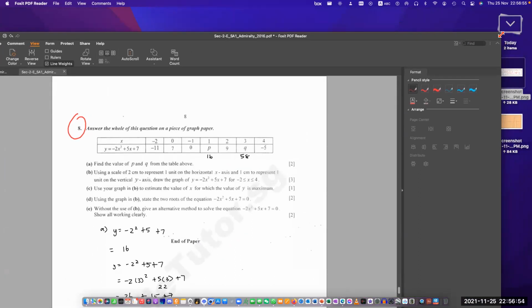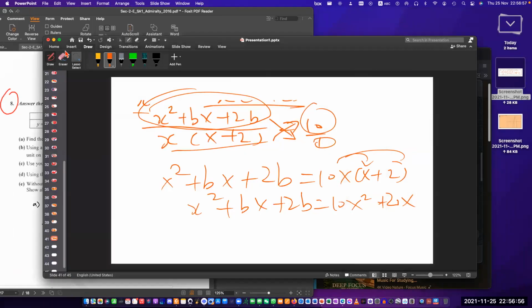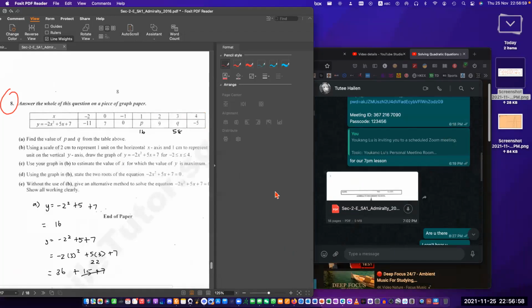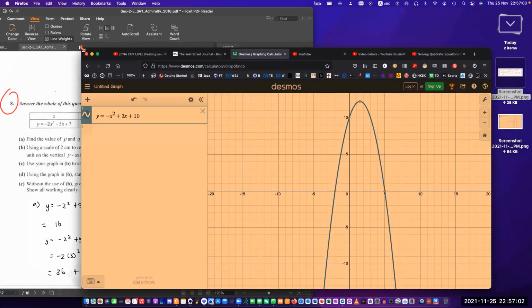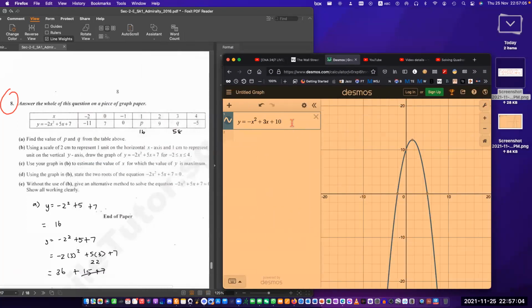So if you have technology, you can actually sketch this out very fast by going to decimals. So I just key this in, then you get the answer very fast. But if you don't have technology, how do you sketch this out?